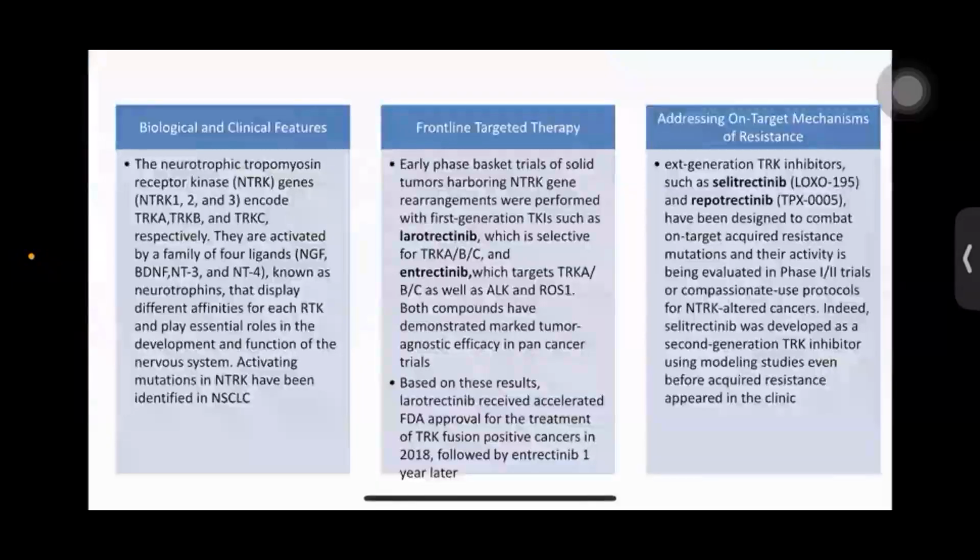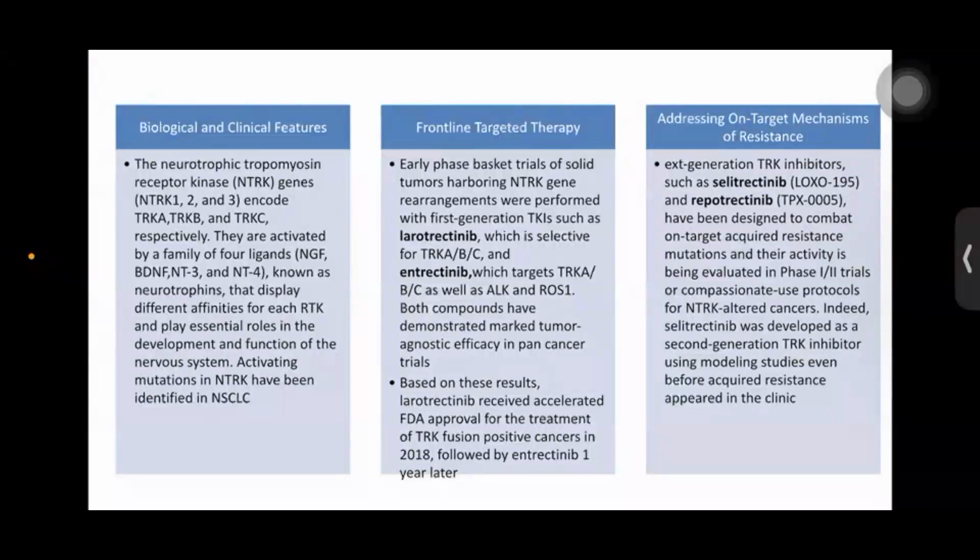Then we have the NTRK, that is the neurotrophic tropomyosin receptor kinase. This mutation is seen in various tumors, and so the trials have also included multiple primary tumors to analyze the effect of the NTRK inhibitors, and these are the basket trials. We have larotrectinib and entrectinib, which target TRK A, B, C, and they also have effect on ALK and ROS1.